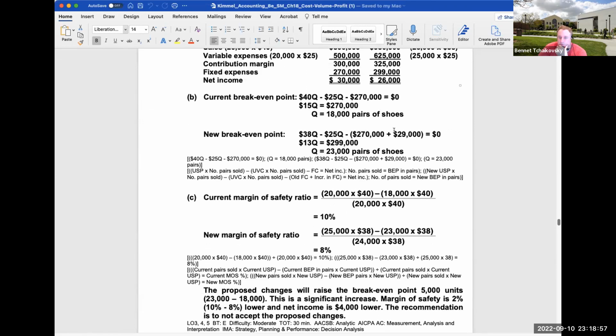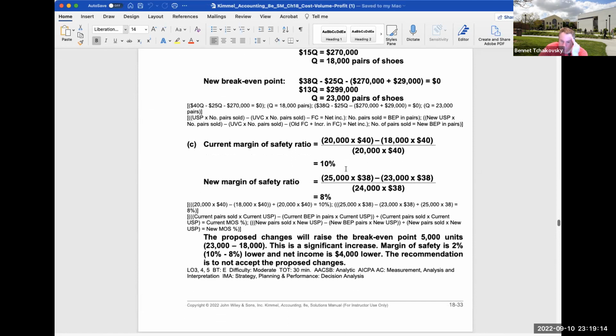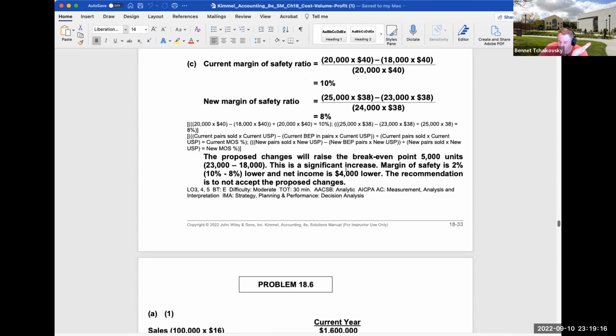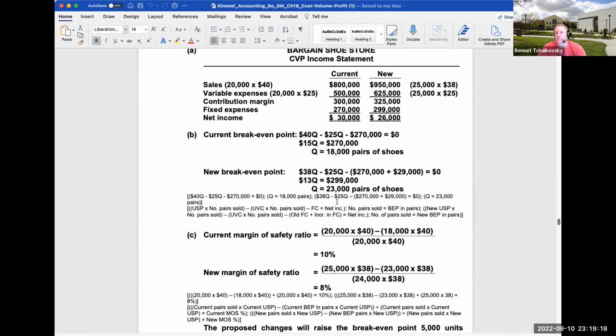The margin of safety ratio is the current sales minus break-even sales, divided by current sales. So you're going from 10% to 8%. Again, it's not acceptable to move forward with the proposed changes. I just don't use the margin of safety ratio. It's not something I'm going to be testing in my class.